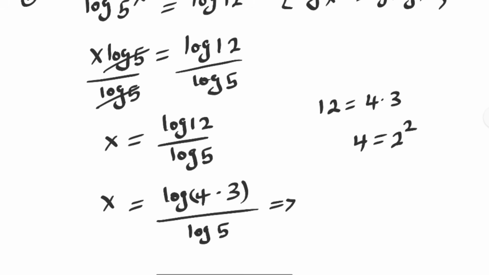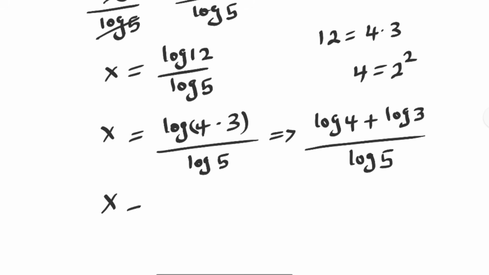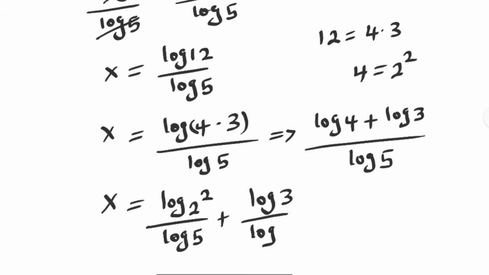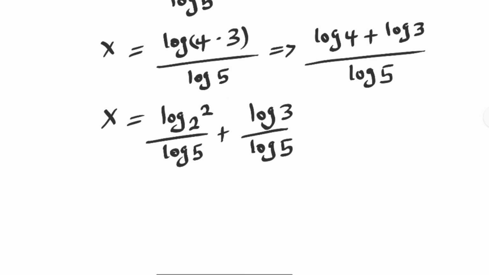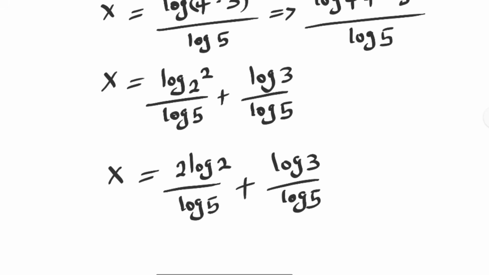This is the same thing as log 4 plus log 3 over log 5. x is equal to log 2 squared over log 5 plus log 3 over log 5. x is equal to 2 log 2 over log 5 plus log 3 over log 5.